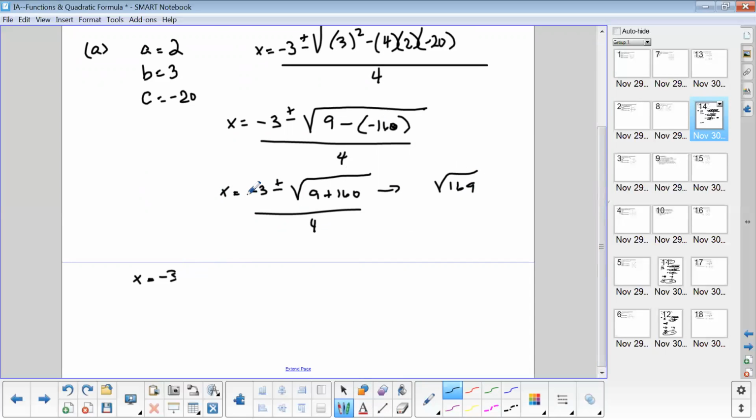So what I'm going to have is negative 3 plus 13 divided by 4, and x equal negative 3 minus 13, since the square root of 169 is 13, all divided by 4.